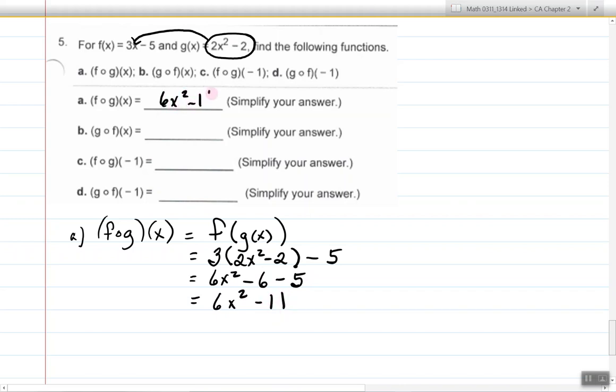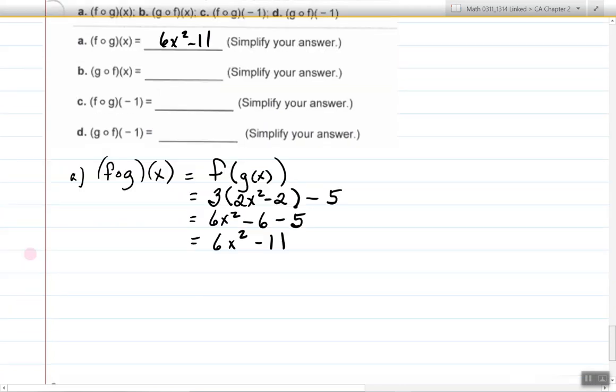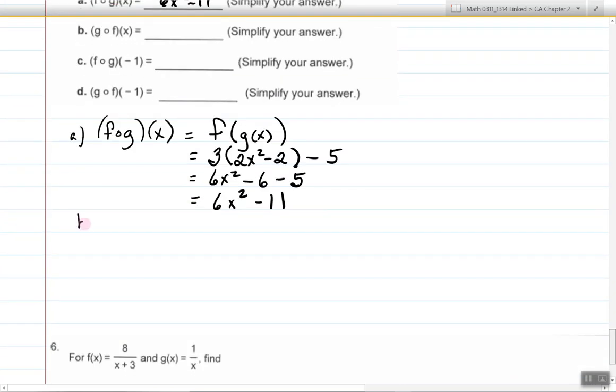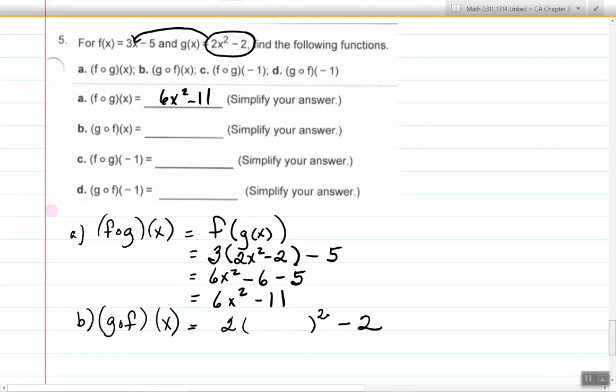And now we reverse it. g composed with f of x. Now the g function is 2 times something squared minus 2. So let's go back up here and I'm going to erase something. This time I'm going to plug this 3x minus 5 in the place of x in the g.